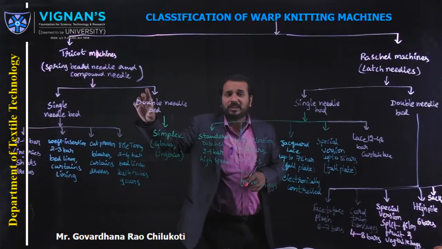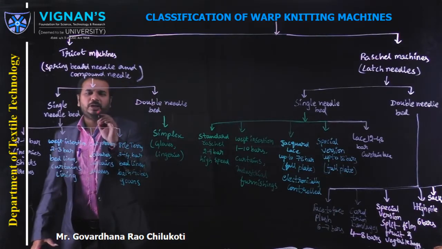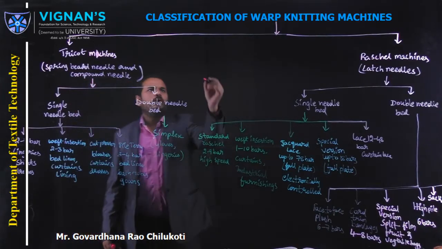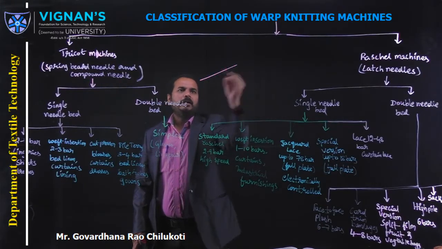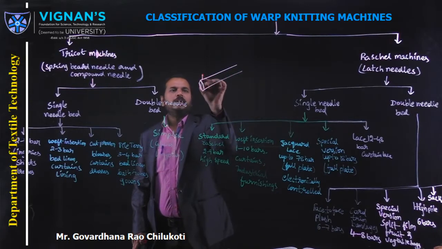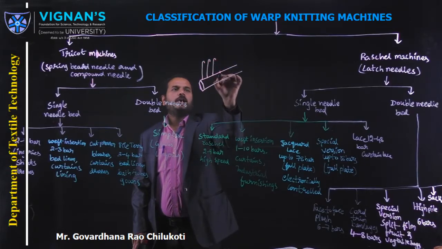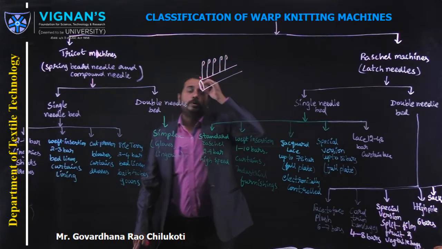Double needle beds, nothing but, for example, in warp knitting there is a metallic bar which has the needles, the spring butted needles or compound needles.